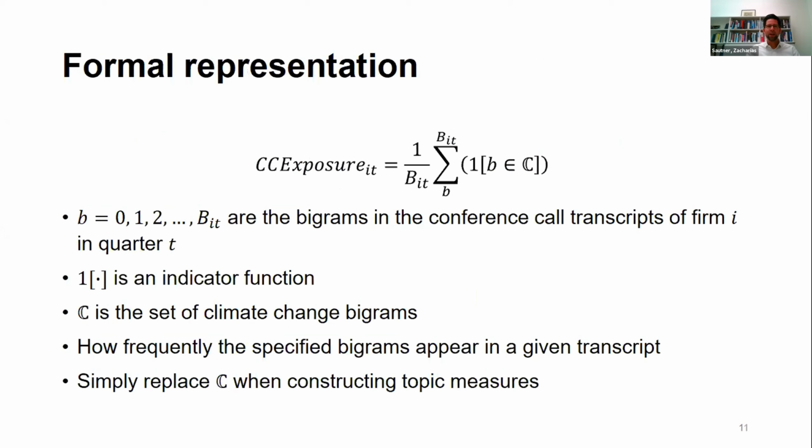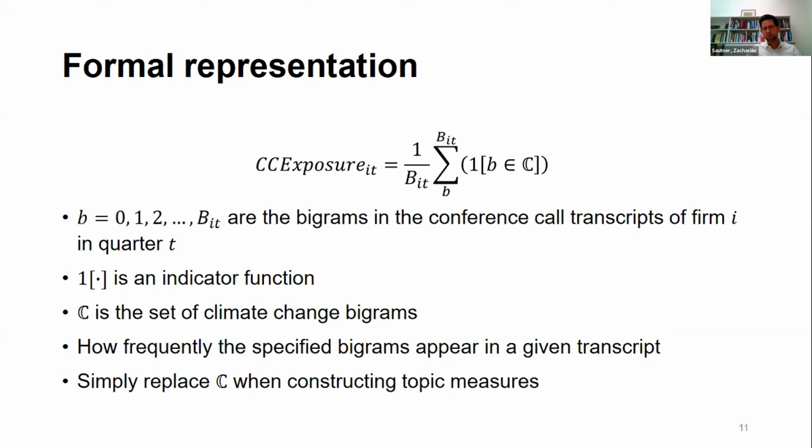So formally, what our measure of climate change exposure at quarter T of firm I is, it's basically the number of bigrams scaled by the total number of bigrams that appear in our set of climate change bigrams. That's basically what we do. So we're scaling by the total number of bigrams because some conference calls may simply be longer than others.